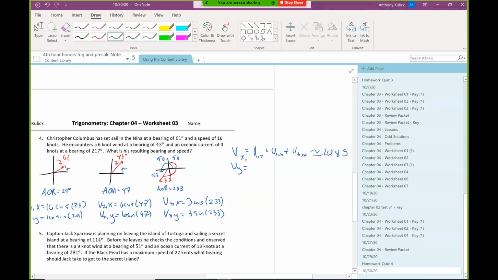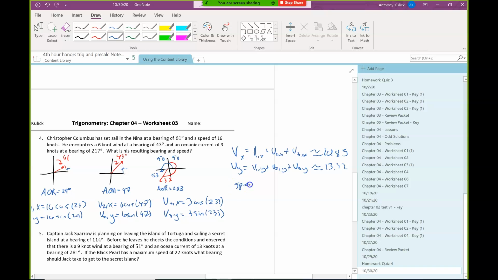Our Vy is just going to be V1y plus V2y plus V3y. That gives us about 13.32.